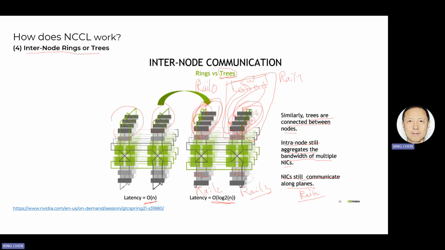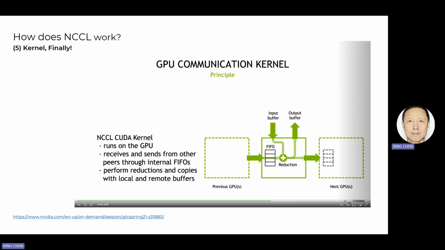So up to now, we have gone through steps A, B, and C. Steps A plus B plus C together equal the NCCL initialization function call, meaning they set up the communication infrastructure.